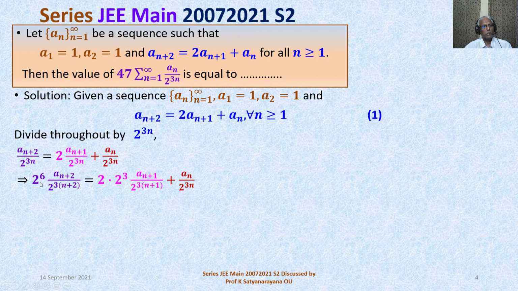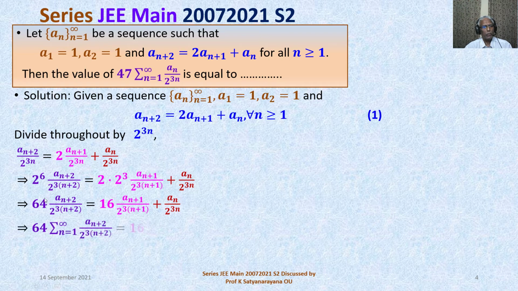Agreed. 2 power 6 is 64. 2 cube is 8. 8 times 2 is 16. So let's write 64 into a_(n+2) by 2 power 3 times in brackets n plus 2 is equal to 16 times a_(n+1) by 2 power 3 in brackets n plus 1 plus a_n by 2 power 3n. So I will make a summation so that I will get a series.